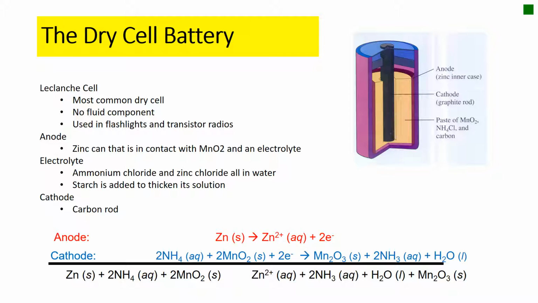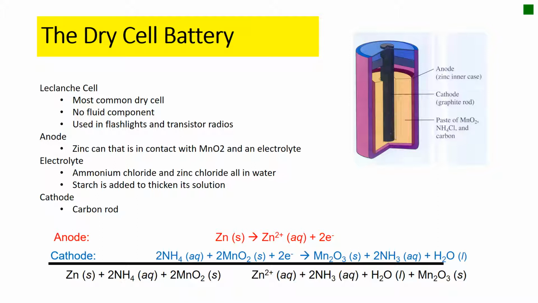So these two reactions are added to get the overall reaction, and the way we're going to balance this out is by looking: if one element is found on one side and it's found on the other side, then they're going to cancel each other out. So for instance, we have zinc on the left, but there's no zinc on the right, so it doesn't cancel out, and we put it down below for the overall reaction.